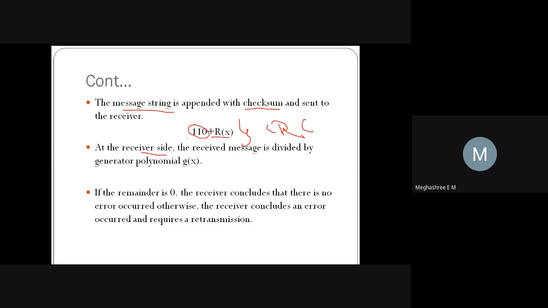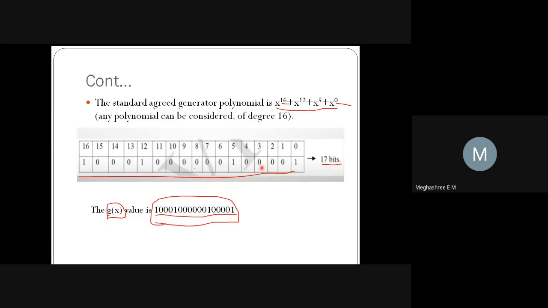Once this code word is received at the receiver, the same code word has to be divided by the generator polynomial, which is agreed upon between sender and receiver. Again, the received code word should be divided with the help of this g of x.